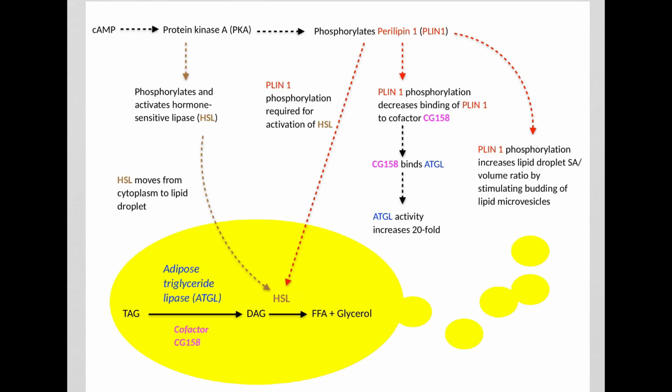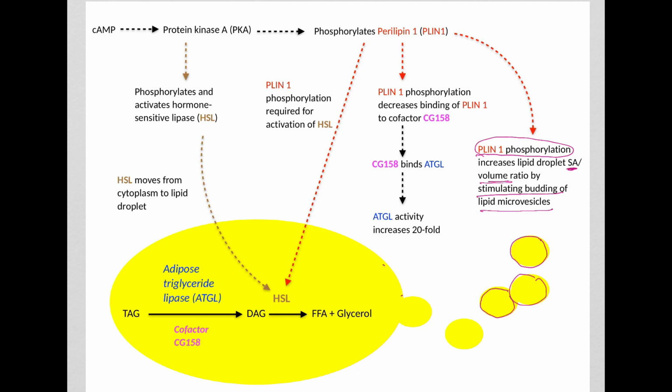Now, triglyceride hydrolysis happens on lipid particles, so the surface area of these particles is important. The more smaller droplets we have, the larger the surface area. So one of the effects of PLIN1 phosphorylation is that it increases the lipid droplet surface area to volume ratio, because PLIN1 phosphorylation stimulates the budding of lipid microvesicles.